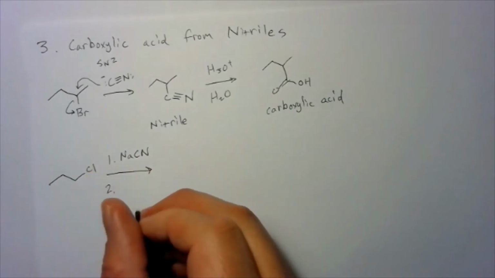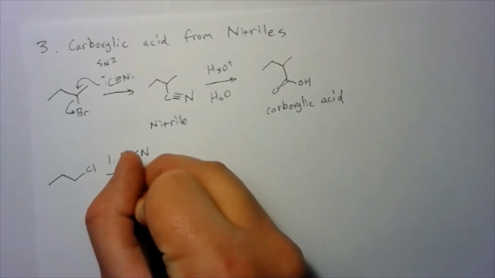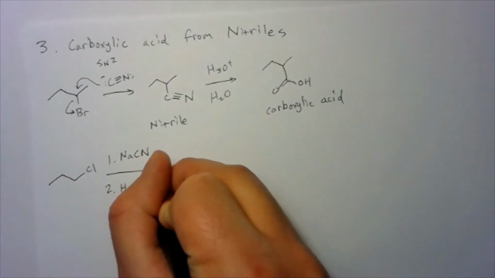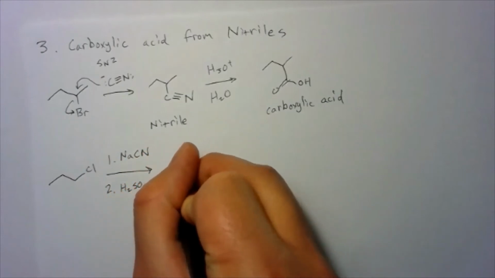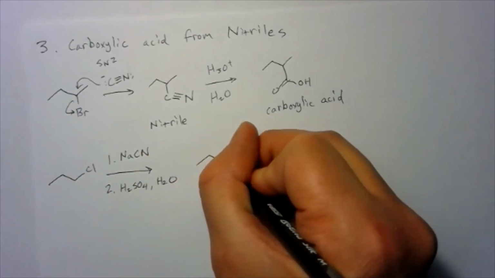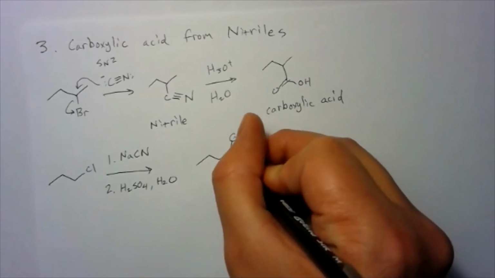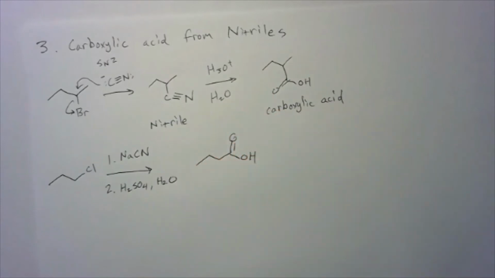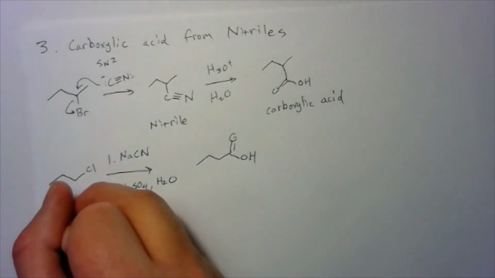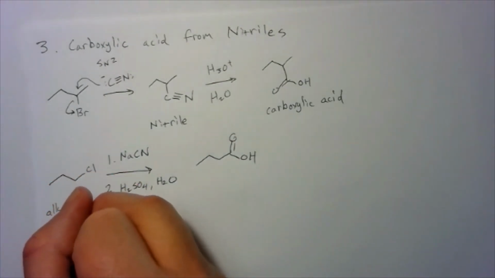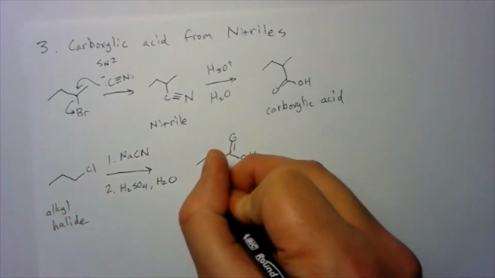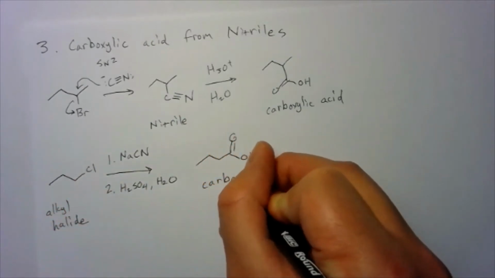And then our second step would be to do the hydration. And we replace our halogen with that carboxylic acid. So overall, we're going from an alkyl halide to that carboxylic acid.